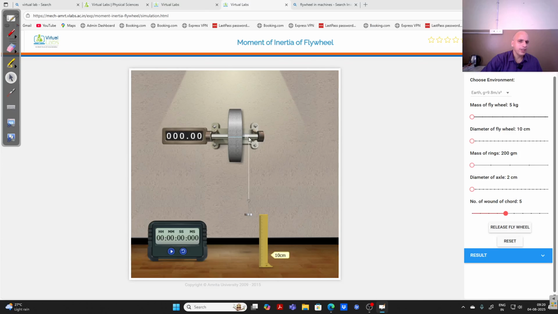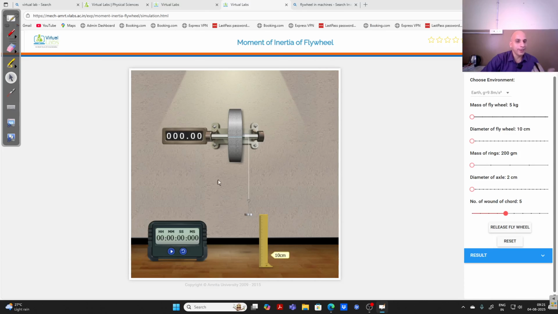After 5 rotations, this mass will get detached. You can see here, this thread will be attached with the hole, with the screw. So when the 5 rotations are completed, this screw will be released from this axle, and this mass will come down to the ground. From the very moment the pin is detached from the axle, you will start counting the revolutions of the flywheel, and you will switch on the stopwatch, right?